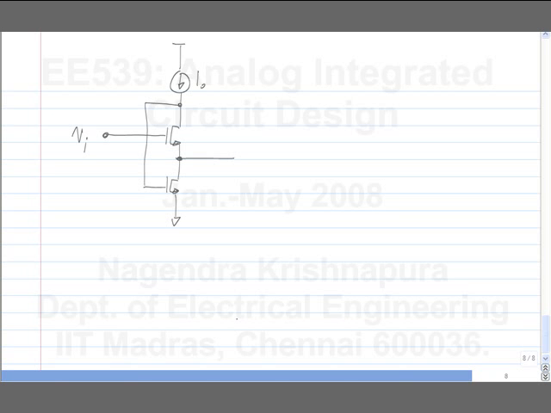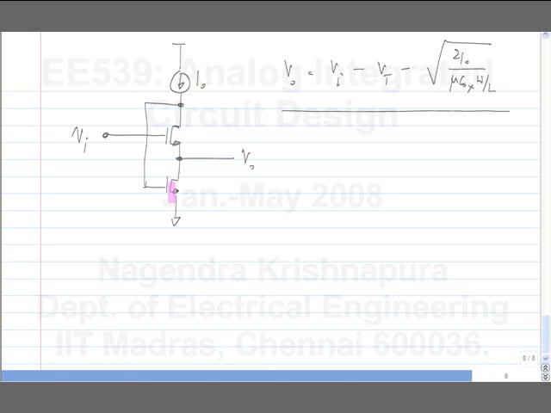So what the large signal analysis we did so far applies exactly to this also, right? Here also V0 equals Vi minus Vt minus square root 2 I naught by mu Cox W by L. Now if you take Vi very high or take Vi very low, then either this transistor will go into saturation, or this will go into triode region if Vi is very high, and this will go into triode region if Vi is very low.